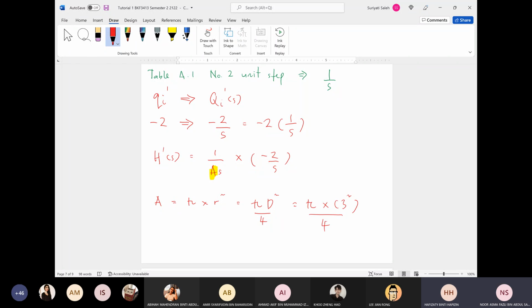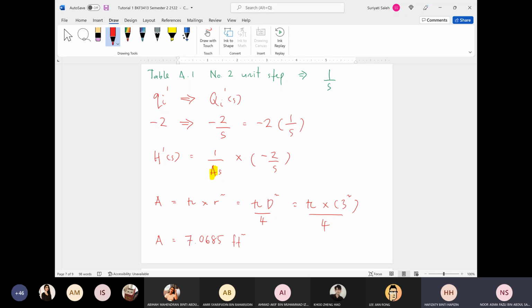So you can calculate the value of your area. Please calculate it for me. 9/4 pi. Can you put it into the number? Multiply with the pi. 7.0685 feet square.